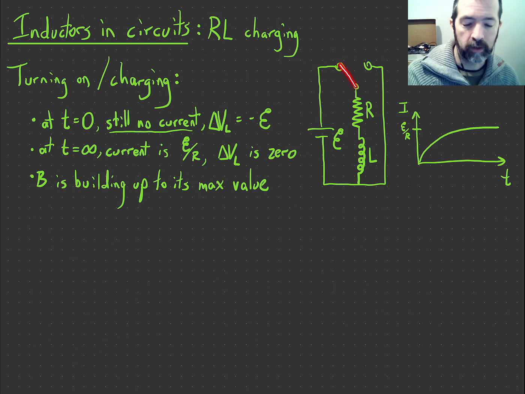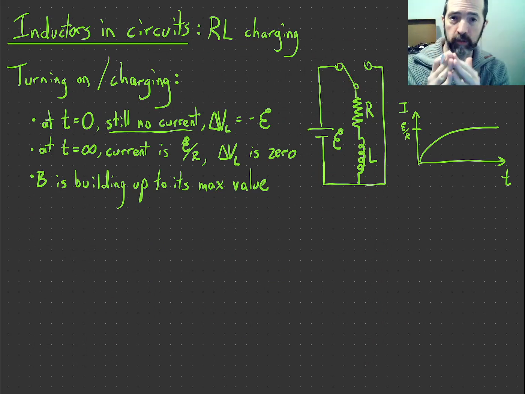In the moment that I first turn it on by putting this switch in this left position, so I've closed the switch, connected everything to the battery, current should start flowing. But because of the inductor, at t equals 0, instantaneously, the current is still going to be 0.